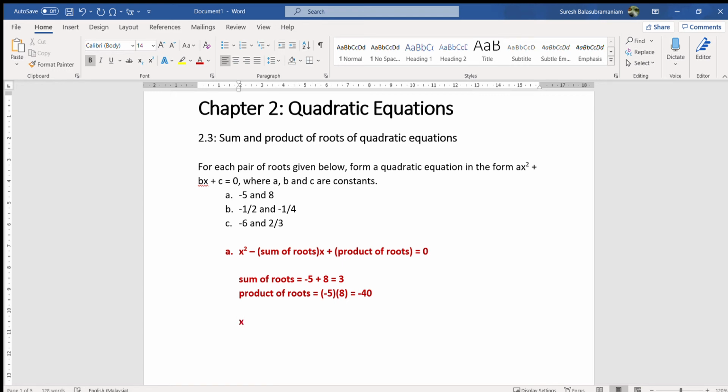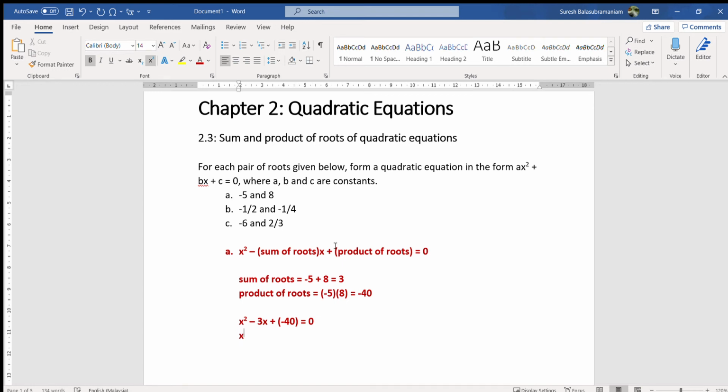Okay, now replace this in the equation. So x square minus sum of the roots is 3, so 3x, plus product of the roots is -40. So replace -40 equals to 0, and we can simplify this.